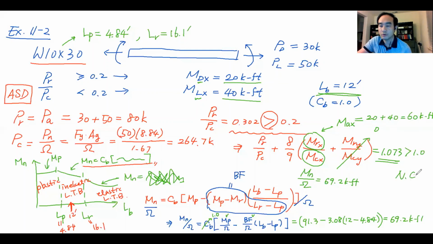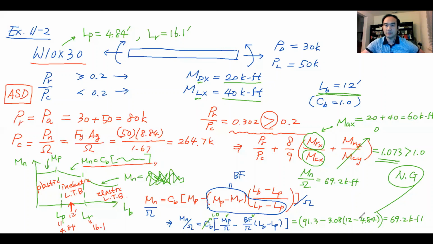So it's no good, right? So the final answer is no. This W10 by 30 tension section under these given loads, 30 kips of dead load and 50 kips of live load, 20 kip-feet, 40 kip-feet, using ASD, it doesn't satisfy the load.